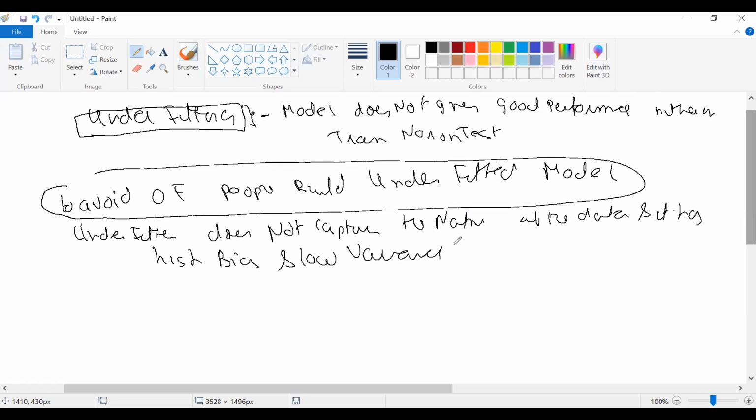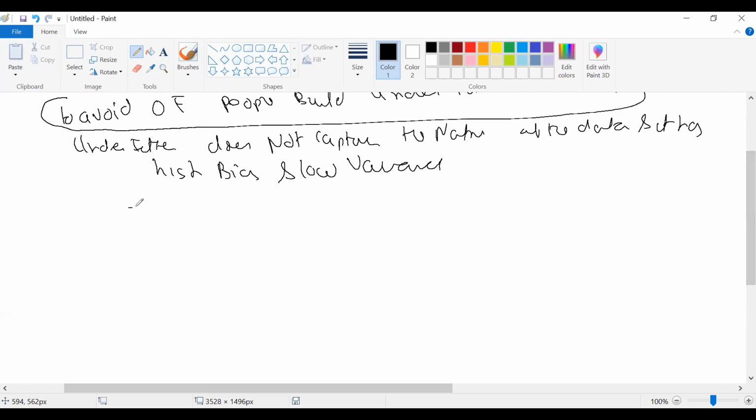Variance is less, but it is a highly biased model. Example, remember it with an example.